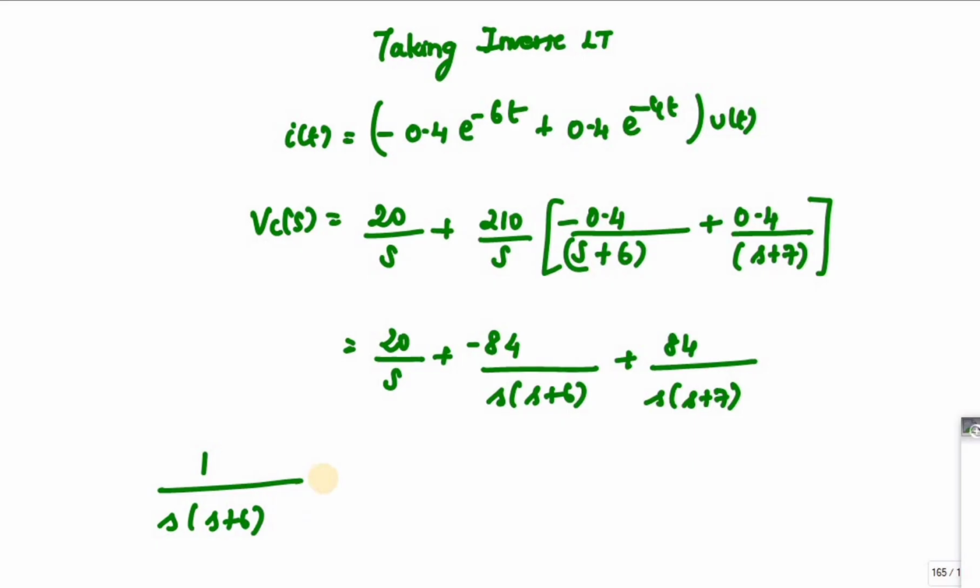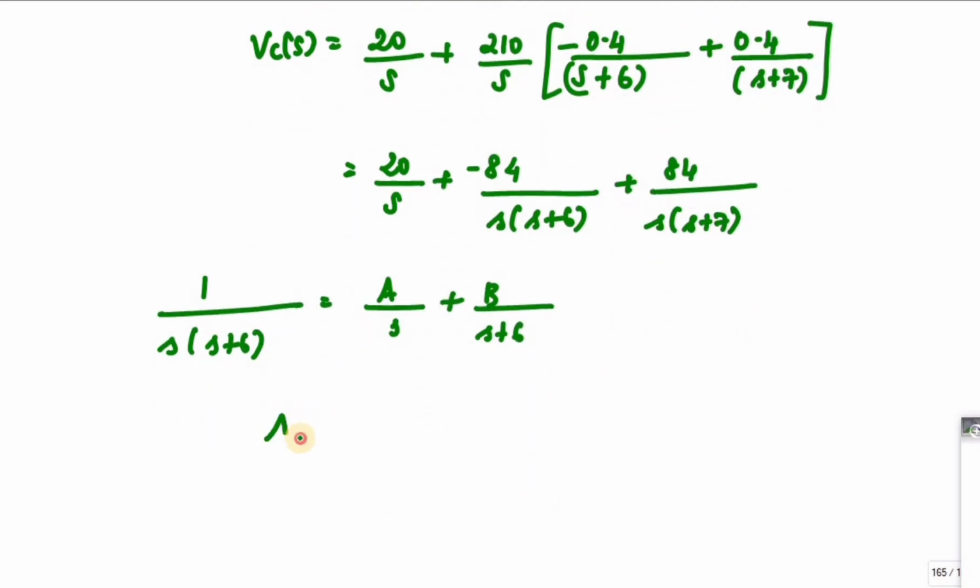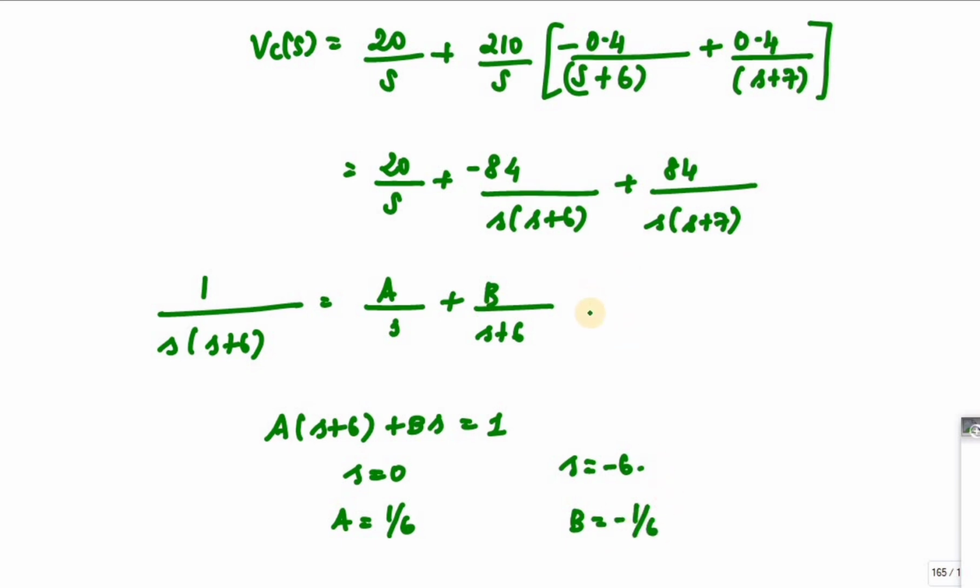So this I can write as 1 divided by s into s plus 6 is equal to a divided by s plus b divided by s plus 6. So a into s plus 6 plus b into s is equal to 1. So s is equal to 0, I will get a is equal to 1 by 6 and b is equal to minus 1 by 6. So I am substituting these values of a and b in this equation.